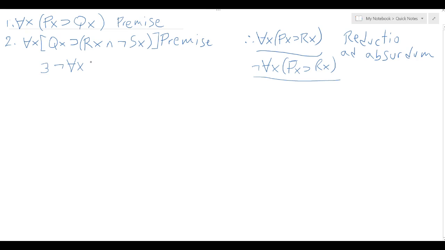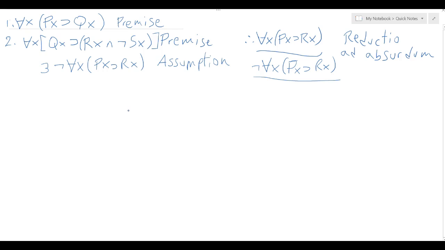It's not the case that for all x, if px, then rx. And this is justified as assumption for indirect proof or something like that.